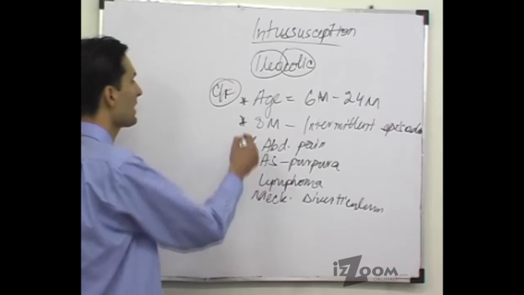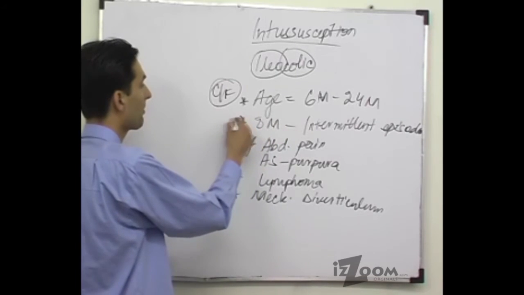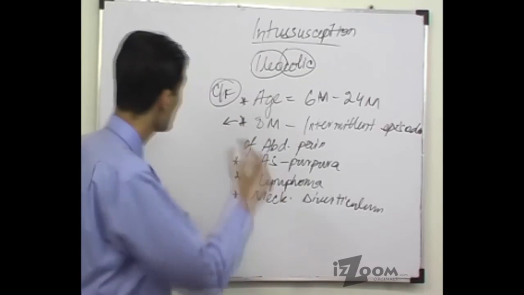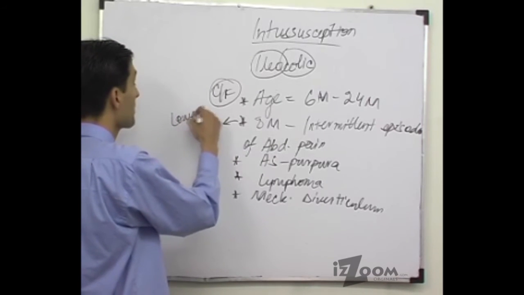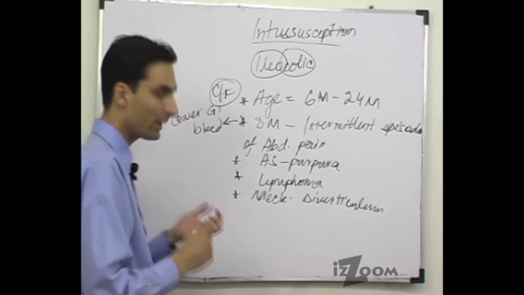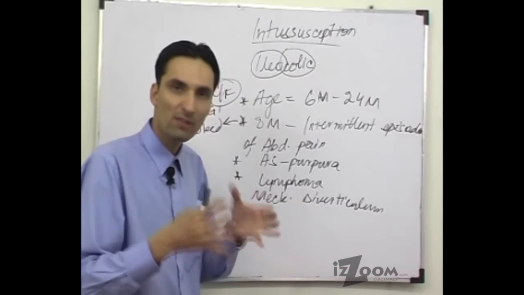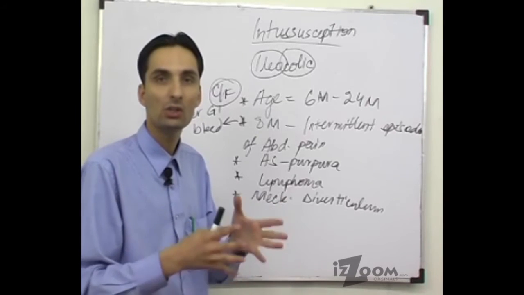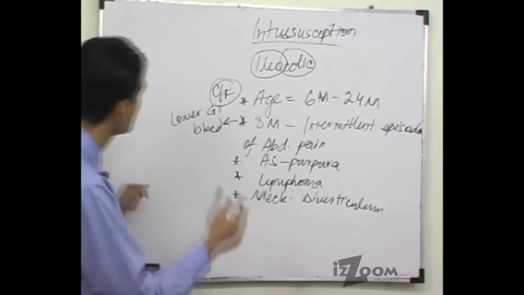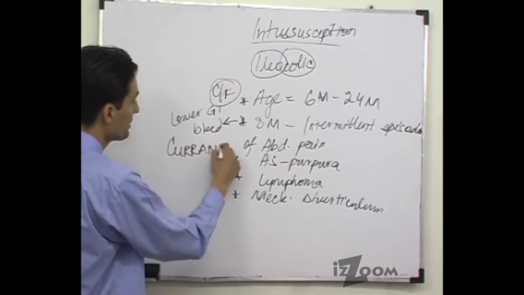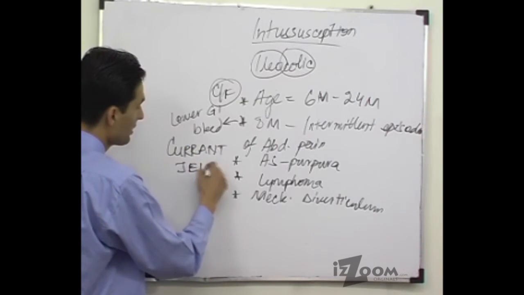Another characteristic clinical finding along with abdominal pain is that these patients can present to you with lower GI bleeding. As I just mentioned, the causes of lower GI bleeding, they can present with lower GI bleed. And lower GI bleed, when it becomes mixed with mucus, gives the appearance of currant jelly stool. So characteristically, they are called currant jelly stools.